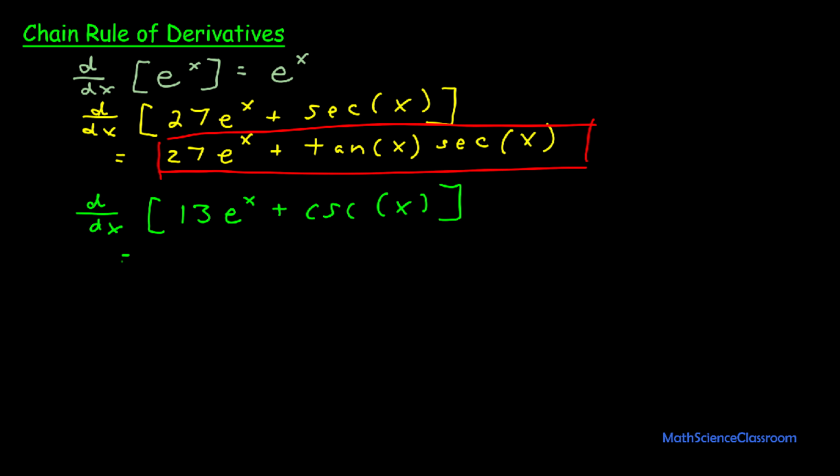So equals 13. Notice we're using the constant multiple rule times e to the x plus negative cosecant x times cotangent x.